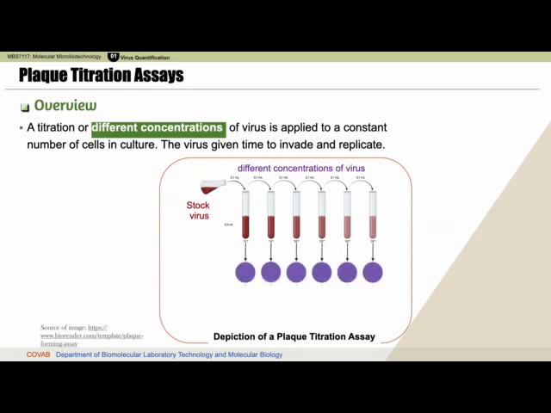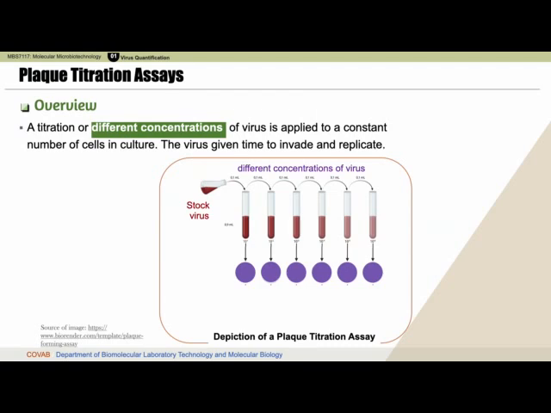We are going to grow monolayers, perhaps on a multi-well plate. It may be a 6-well plate, 8-well plate, depending on what you have at hand. Now we get our multi-well plates, and perhaps to the first row of wells, we apply virus at 10 to the minus 1. Then to the second row of wells, we apply virus at 10 to the minus 2.